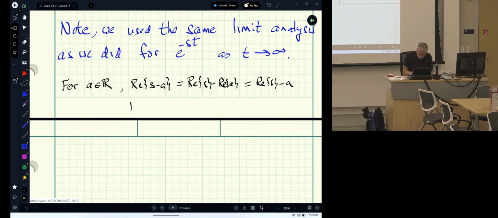And the only reason I'm writing that down is because that means the real part of s minus a is positive if and only if the real part of s is bigger than a. So that's another way to write it down.